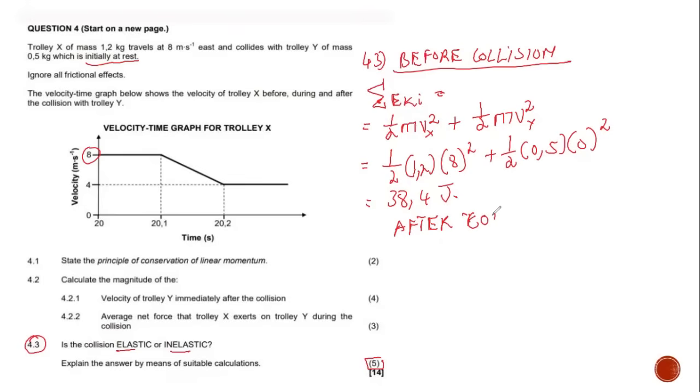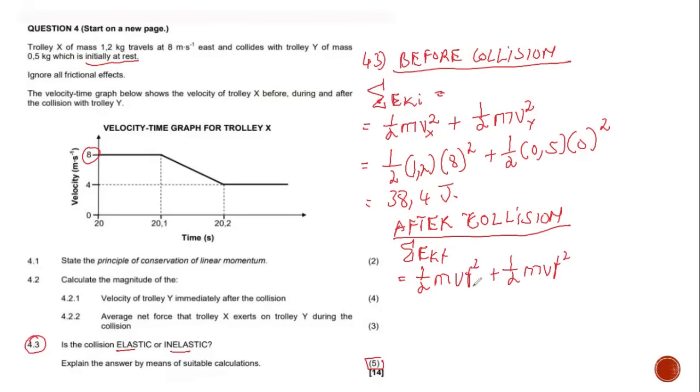Now, after that, I have to indicate after the collision. Again, I have sum of EK finally. Then this will be half mv squared plus half mv squared. So finally now, it's not initial, then for X and then Y. So let me indicate this is half mass. Obviously, we assume there is no change in mass during the collision. Then finally, it has slowed down to 4.